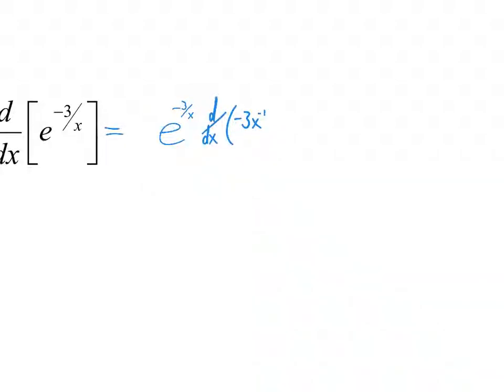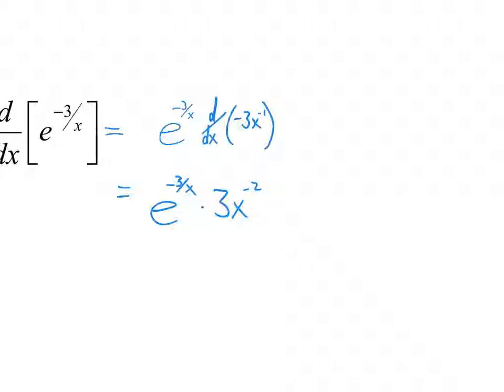You just had a negative off, but you were on the right track. So times the derivative of that, it is a positive 3x to the negative 2. So we have e to the negative 3 over x times a positive 3x to the negative 2.